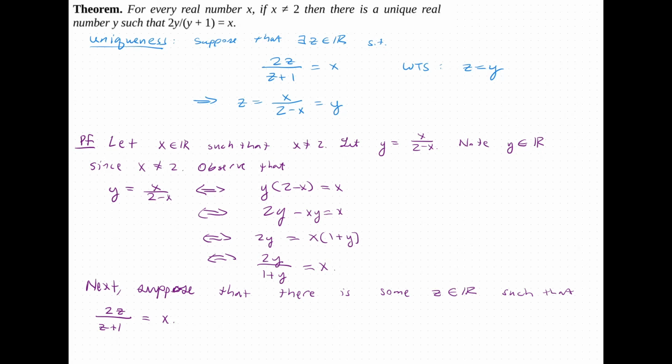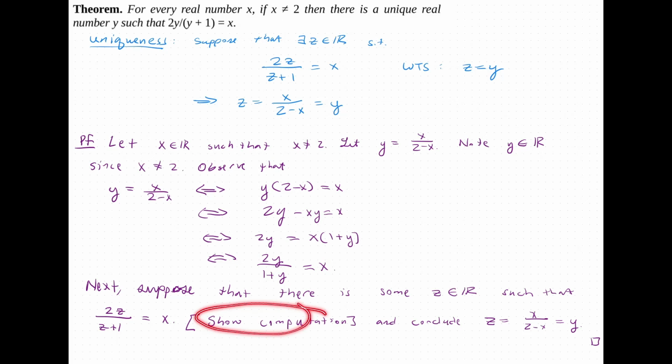Now we can go through and do the same argument that we did in our scratch work here and conclude. And so what I'm going to do is, I'm just going to skip that argument. So show computation, and conclude z is equal to x over 2 minus x, which is equal to y. And that will finish the proof once we fill in the computation doing it in reverse.